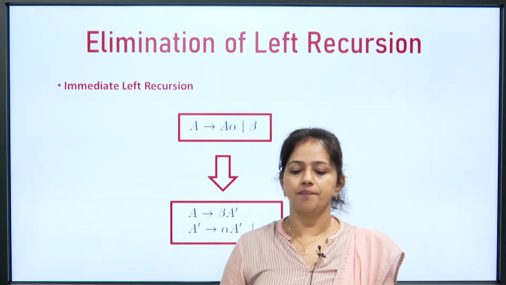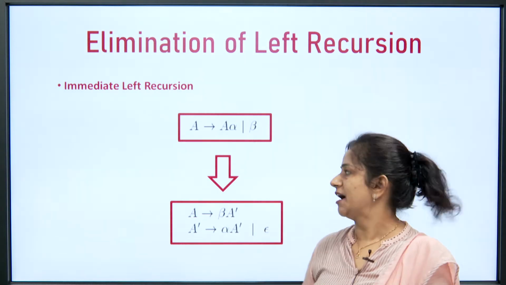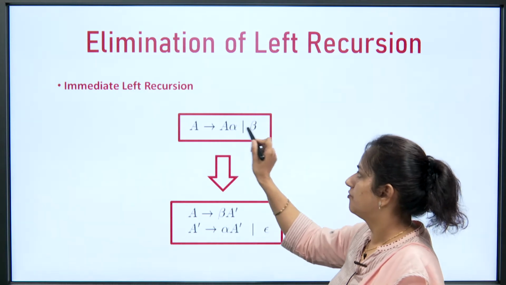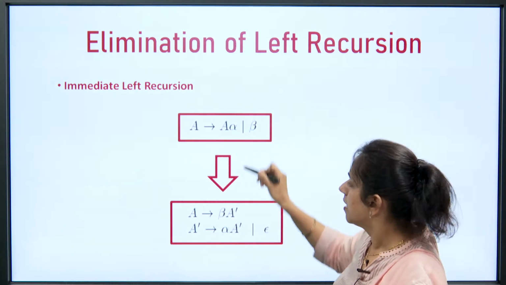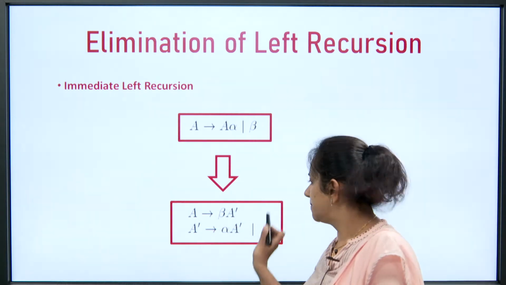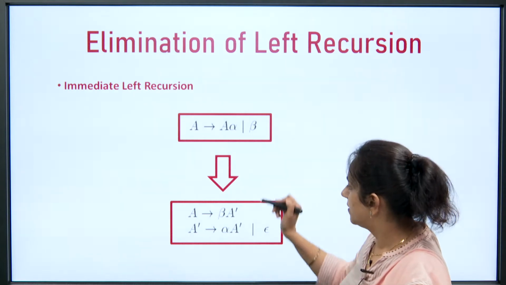First, we will see the elimination of immediate left recursion. Suppose we have the grammar like A to A alpha or beta, and this is the version after removing left recursion. How do we get it?